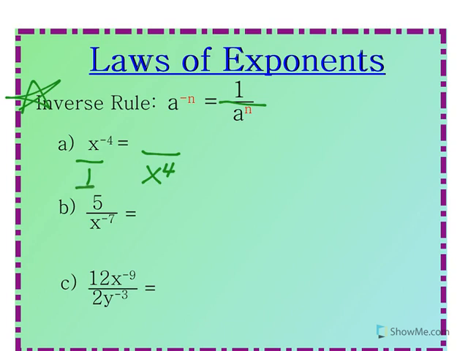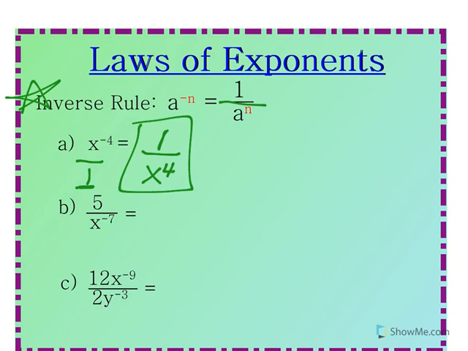The 1 was in the denominator, now it's in the numerator. So x to the negative fourth is really the same as 1 over x to the positive fourth. So when we get done with all of our exponent work, any base that has a negative exponent must have its inverse or reciprocal taken.